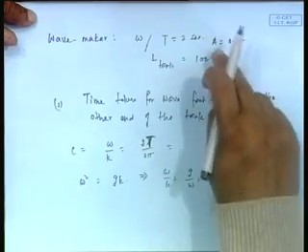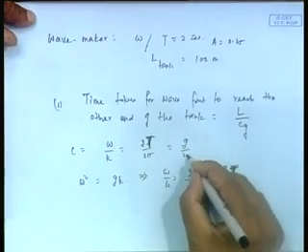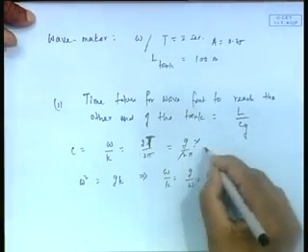How much does this come to? T is 2 seconds. So it is g by 2 pi into 2, so g by pi.